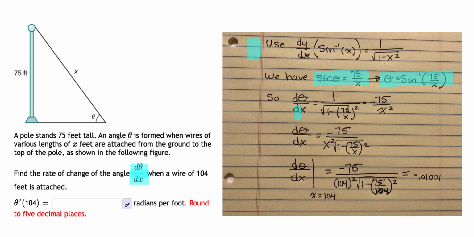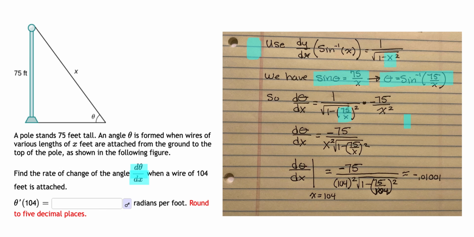So when I find the derivative of theta with respect to x using this formula, I have 1 over the square root of 1 minus, and then we're going to use substitution here. Since our inner function is 75 over x, that's what I have to put in for this x.